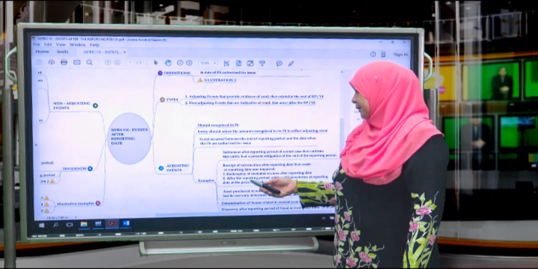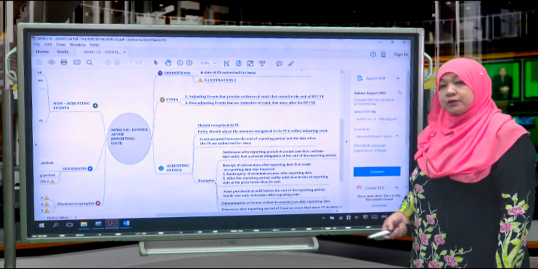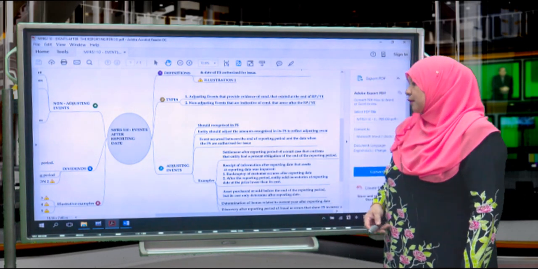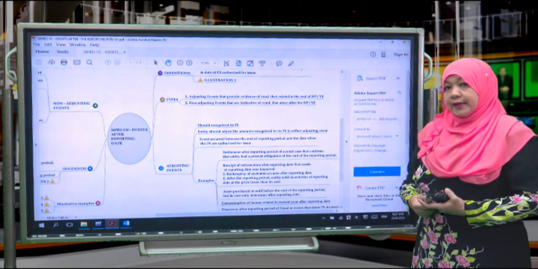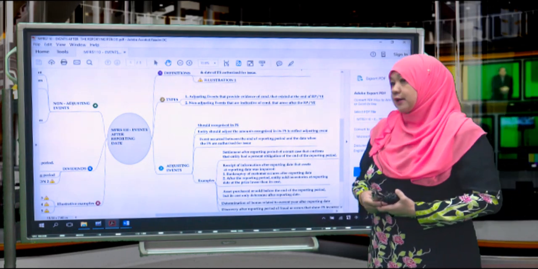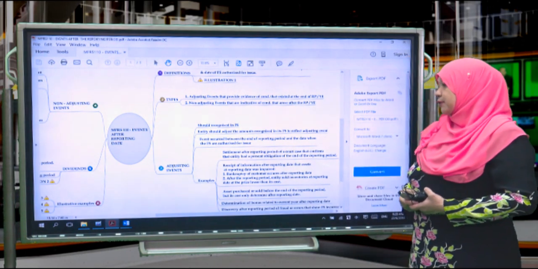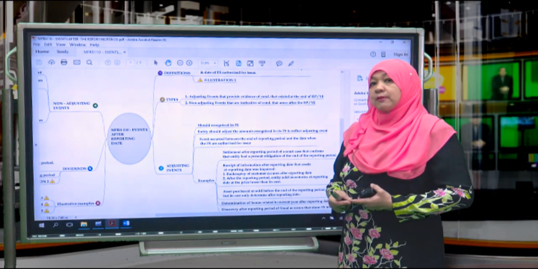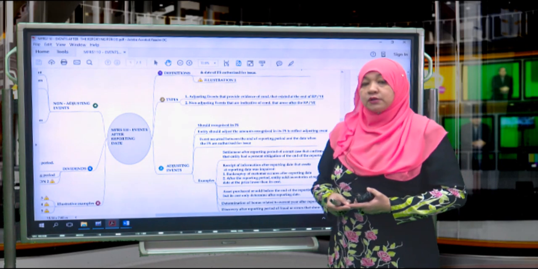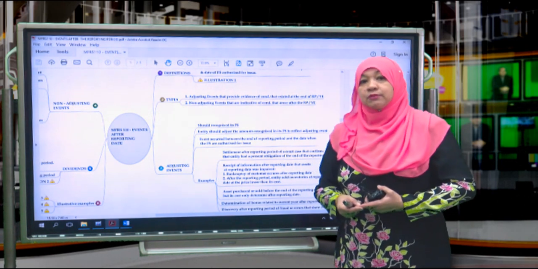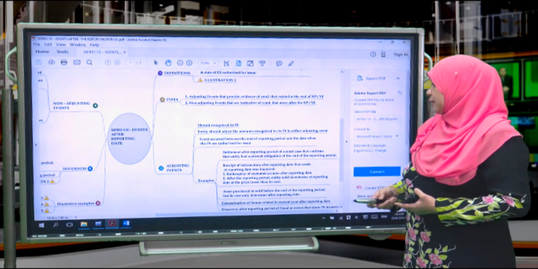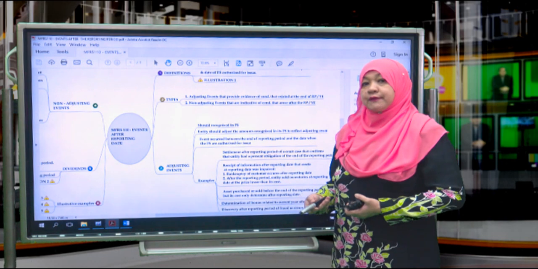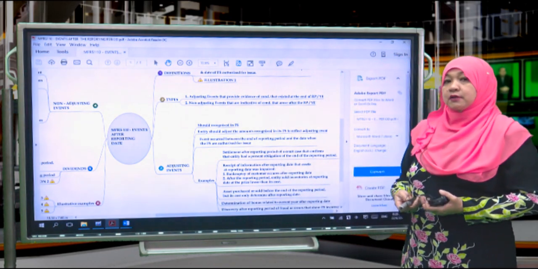Okay. After the reporting period, the entity sold inventories that were held at the reporting date at a price lower than their cost. For example, at year end we normally have an asset known as inventory, recorded in our current assets at the lower of cost or net realizable value based on MFRS 110. However, let's say when we record the inventory at year end, it is recorded at cost.